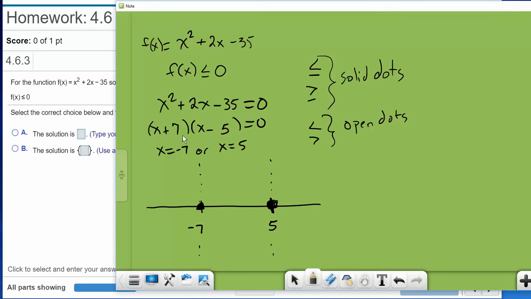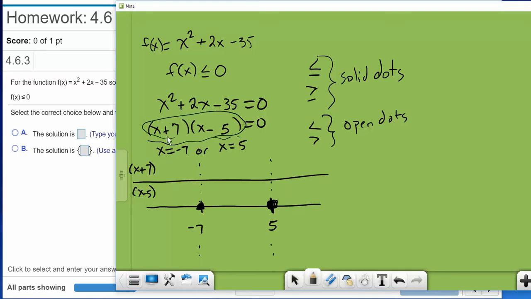So this is called the sign graph method. I'm going to take each factor. So I have x plus 7 and x minus 5. I'm going to analyze just the sign of this product here, and I'm going to look at each factor individually.